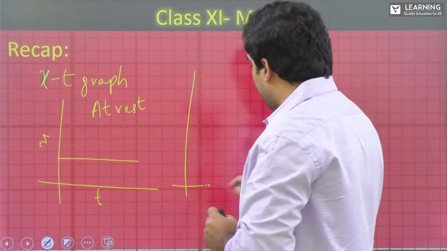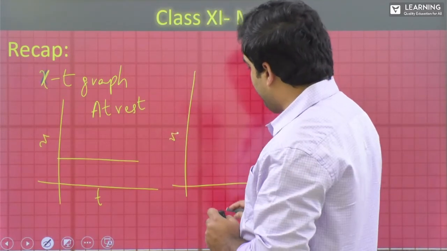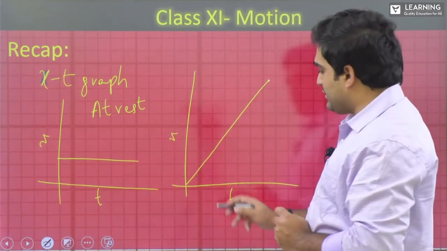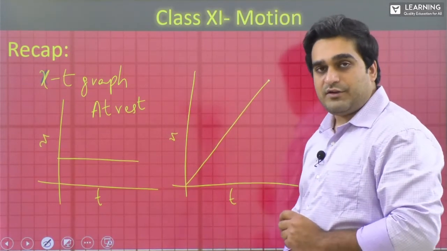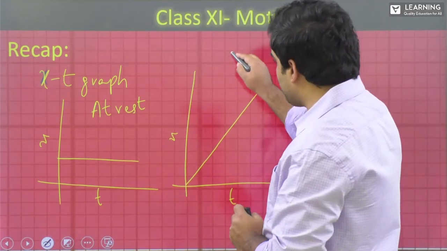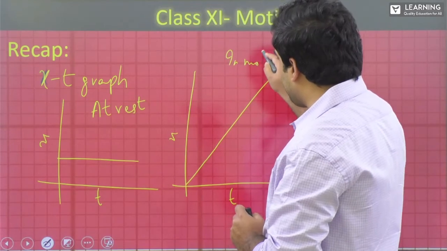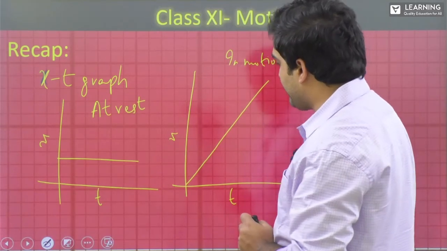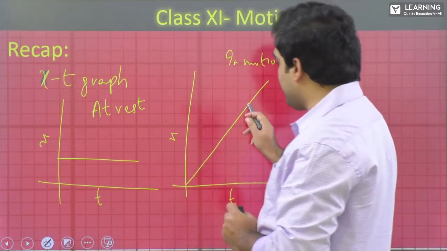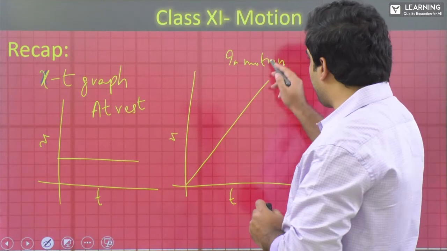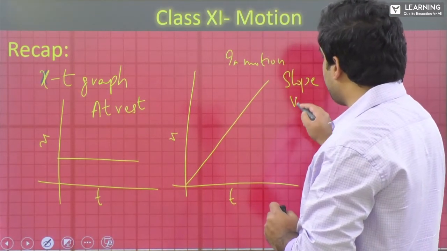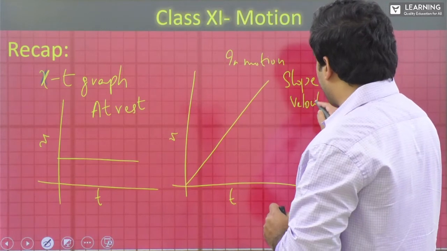Second, we noticed for an XT graph, an increasing linear curve like this is for an object which is in motion. So let me write that as in motion along the positive direction. So velocity can be determined in this case by using slope. So I'll write here that slope in this case gives velocity.